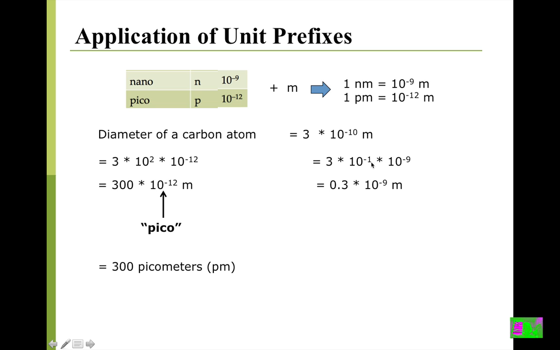So like I did before, I'm going to take the product of 3 times 10 to the minus 1st, that gives us just 0.3, and then that 10 to the minus 9th of a meter, that's going to turn into our nanometer. And that arrow is a little bit off, it should be pointing right to that 10 to the minus 9th. That's what nano refers to. So I could express this measurement as 0.3 nanometers.